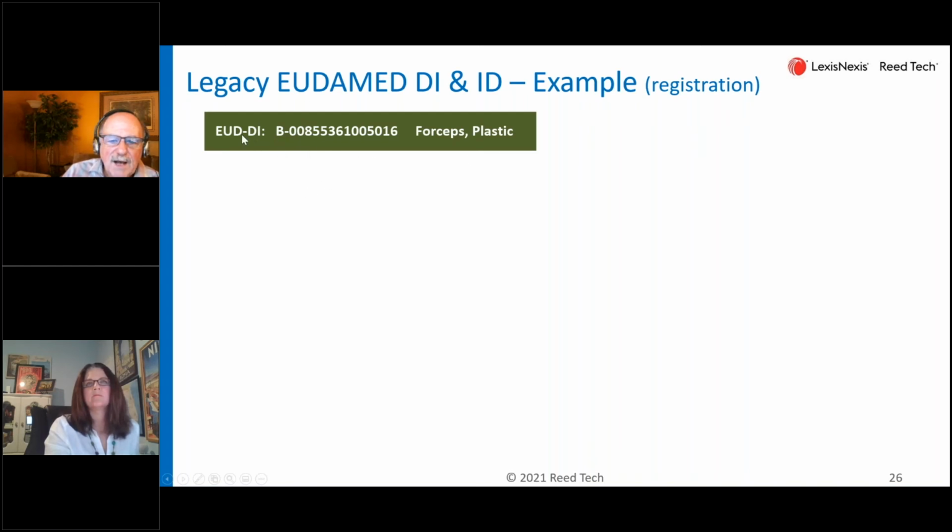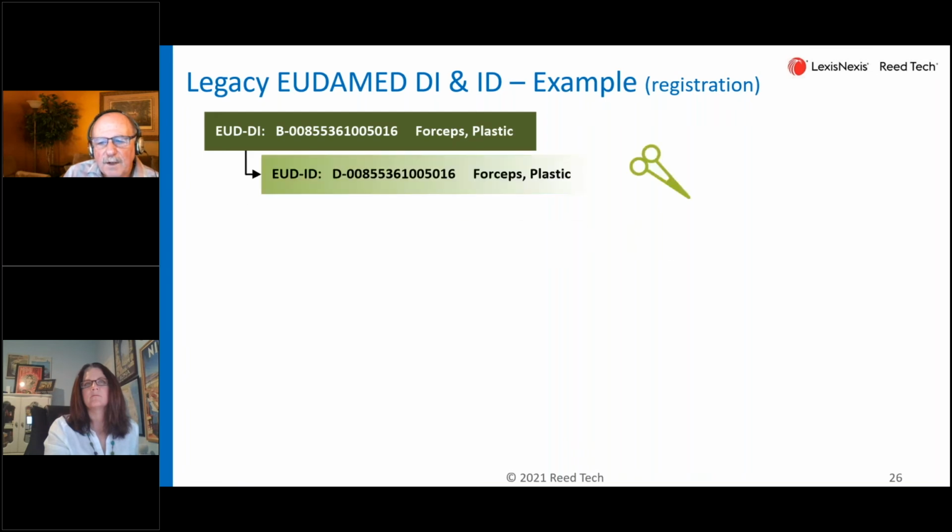Now we'll go into some details about how this is actually created, but here's an example of a EUDAMED DI. It has a B dash in the front end, and that's always going to be there, and an identifier, and that's my group for a plastic forceps. Again, this is only inside the database and for reference in any documentation where it needs to have the EUDAMED DI and EUDAMED ID identified.